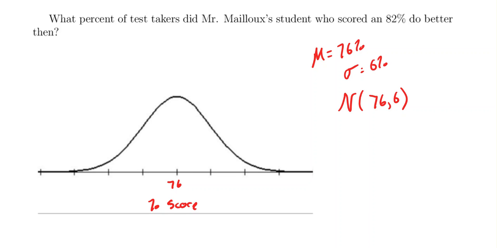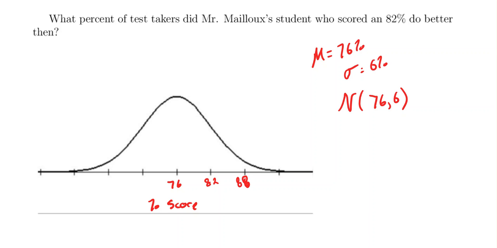curve is measuring. I can go up 1 standard deviation to get myself to 82%. I can go up another standard deviation from this to give me an 88%, not 86, sorry, 88%.